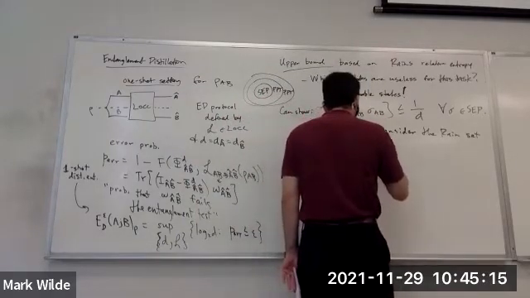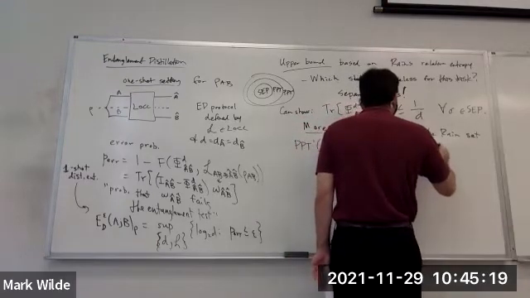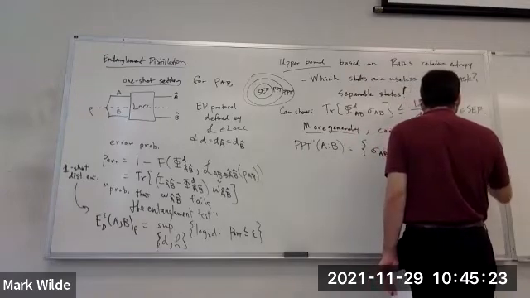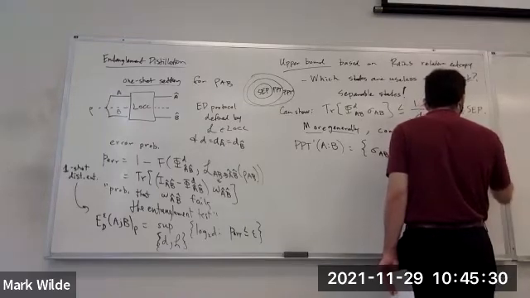So how is it defined? It's all operators that are positive semi-definite, and when you take the 1 norm of their partial transpose, that's less than or equal to 1.